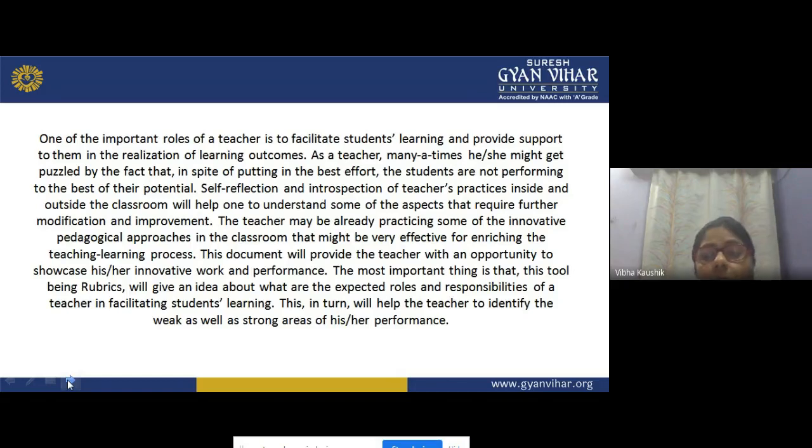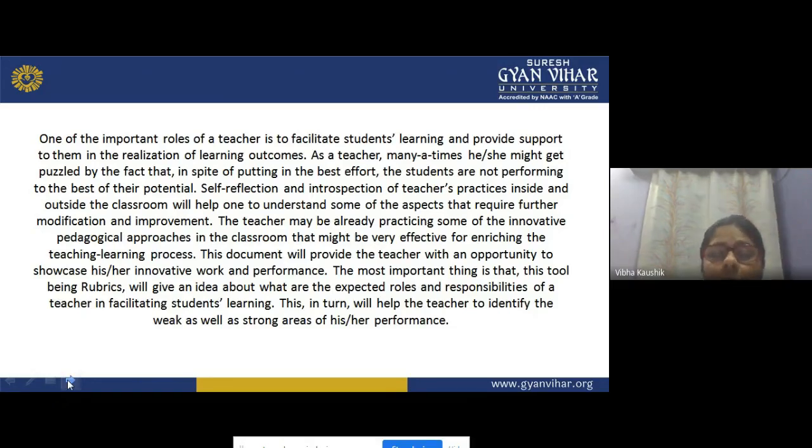The teacher may already practice some innovative pedagogic approaches, meaning innovative methods that can be used by teachers in the classroom, which might be very effective for enriching the teaching learning process. The use of innovative methods will definitely improve the teaching learning process.